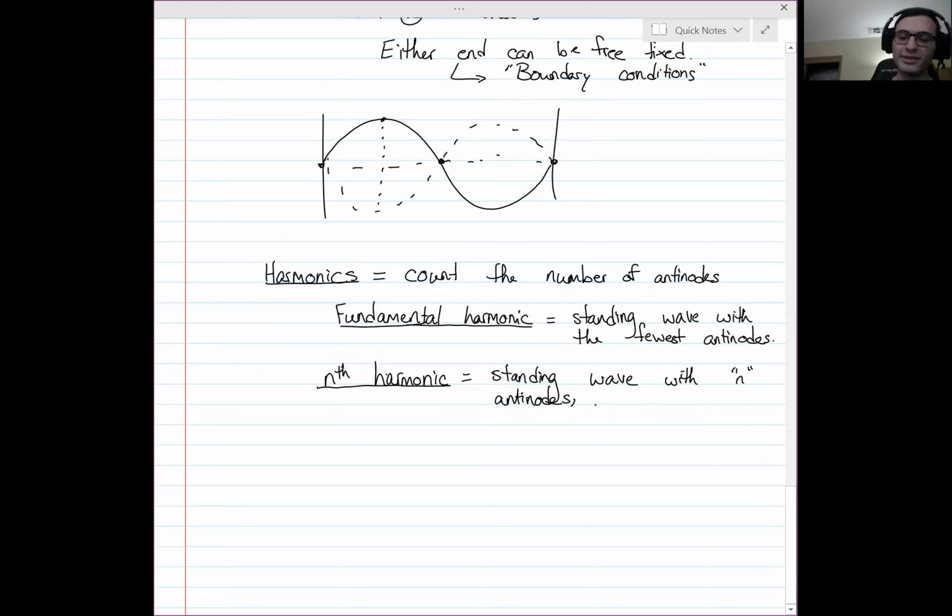Or equivalently, it is the standing wave with frequency n times higher than the fundamental.